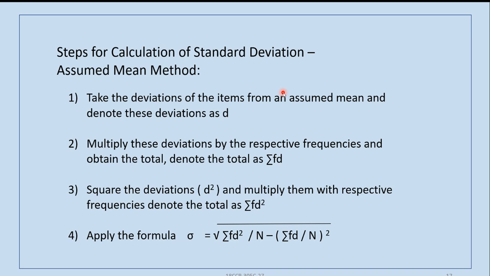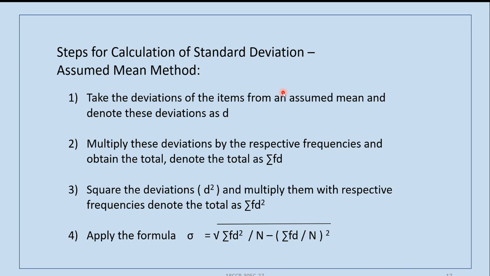In the second column, we will take frequencies and then assume a mean, that is assumed mean A, from the series. In the third column, we will calculate d, that is d is equal to x minus A, where x is the values given in the first column and A is the assumed mean.